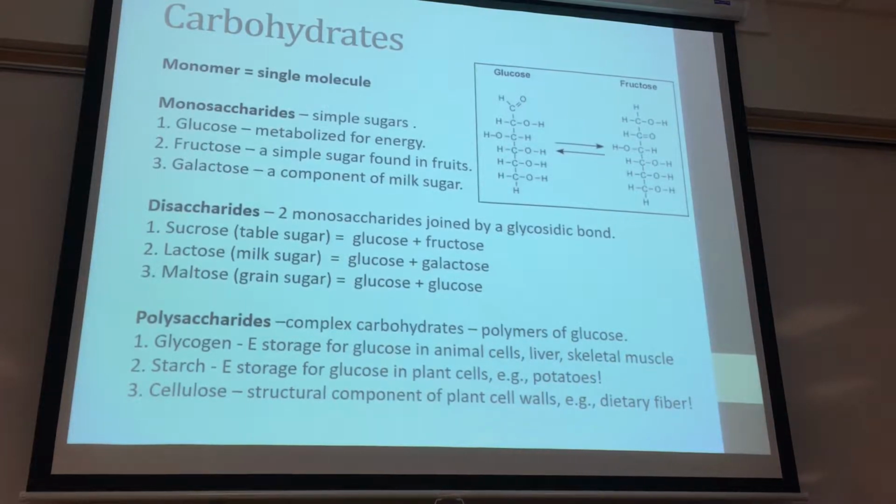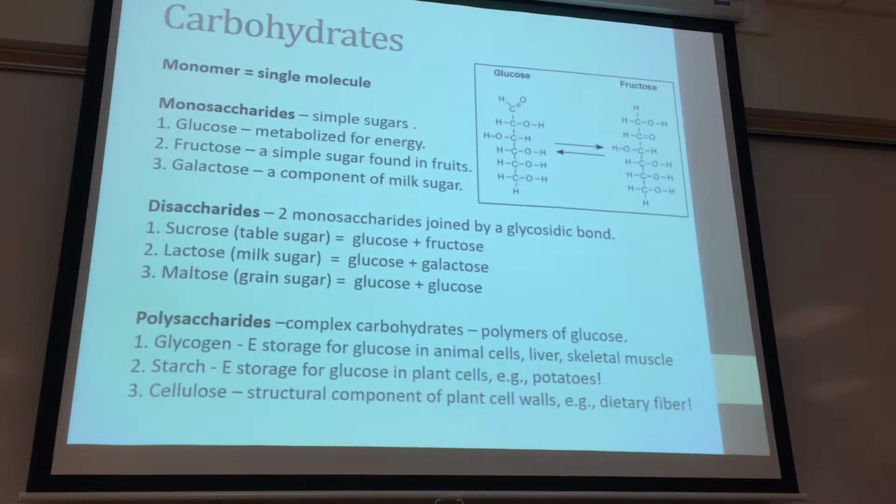Something else characteristic about carbohydrates is that they can form rings. So you get sugars that typically have 6 carbons on them.